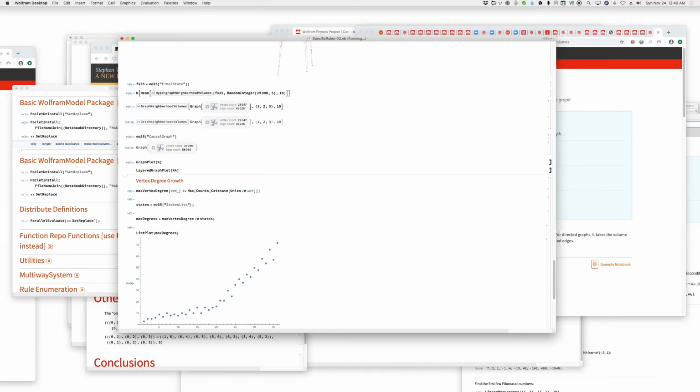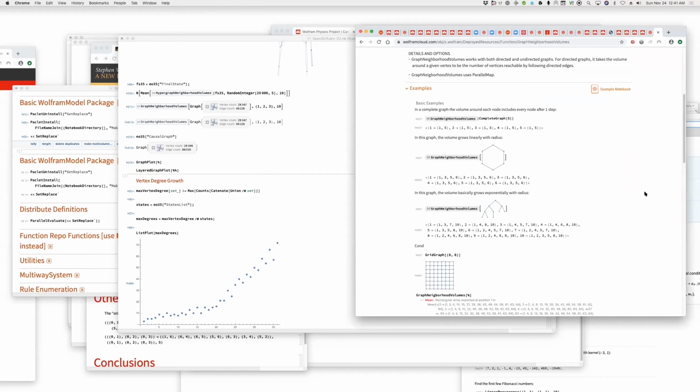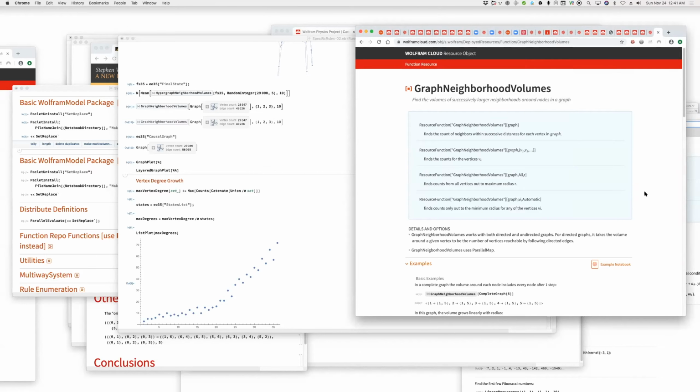Okay, then why did my graph neighborhood volumes thing not work? It doesn't even try to evaluate. Does it actually take 3 arguments? Claims it does.